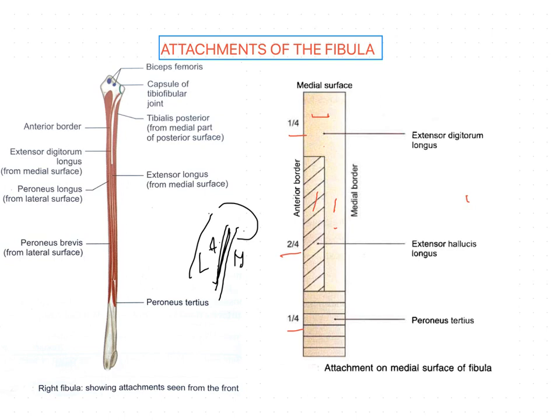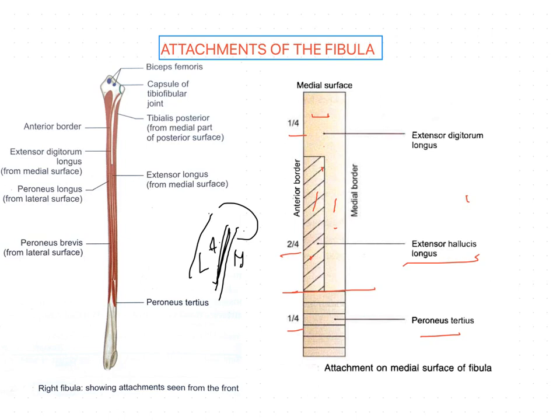It originates from the posterior half of the middle 2/4. And the entire lower 1/4 gives origin to the peroneus tertius. So these are the attachments on the medial surface of the fibula.